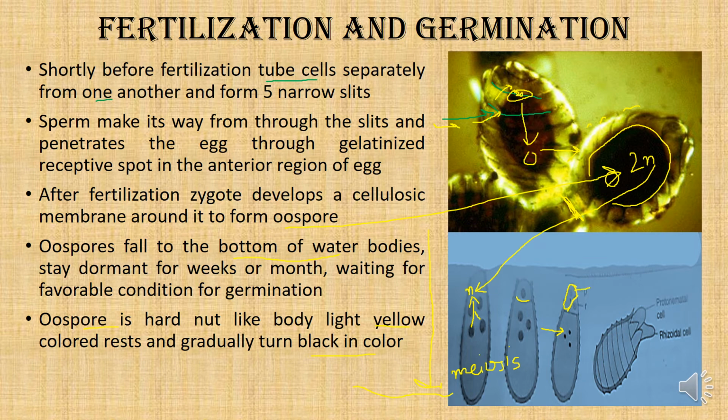The wall is laid down obliquely. The upper cell forms the primordia for the protonema, and the lower cell forms the rhizoid.